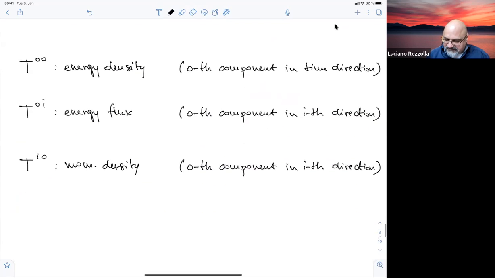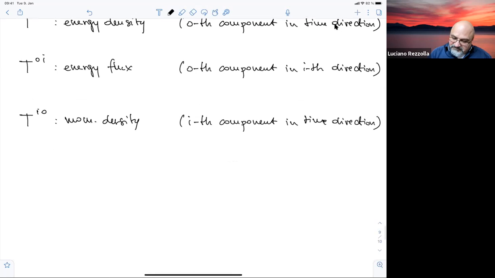So this would be the ith component of the momentum in the time direction. And then I have the fully spatial part.